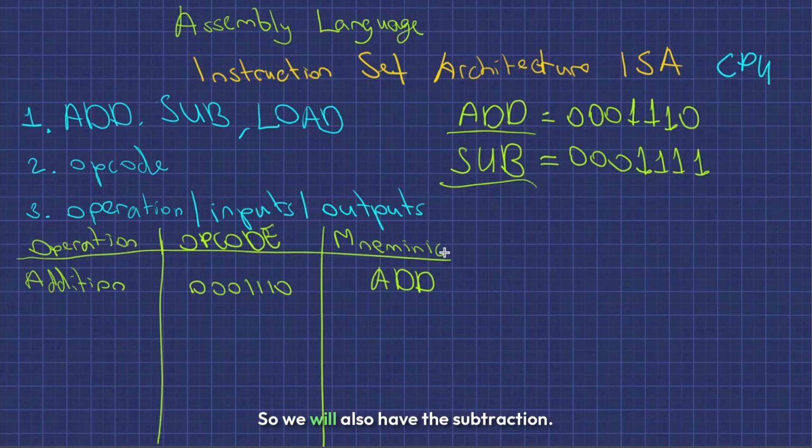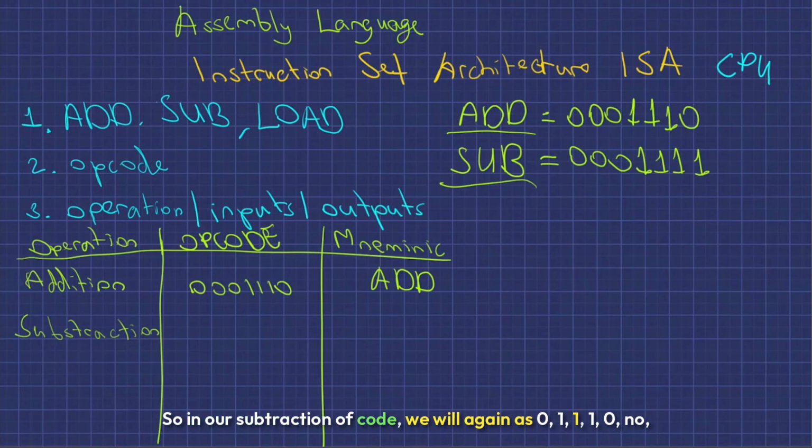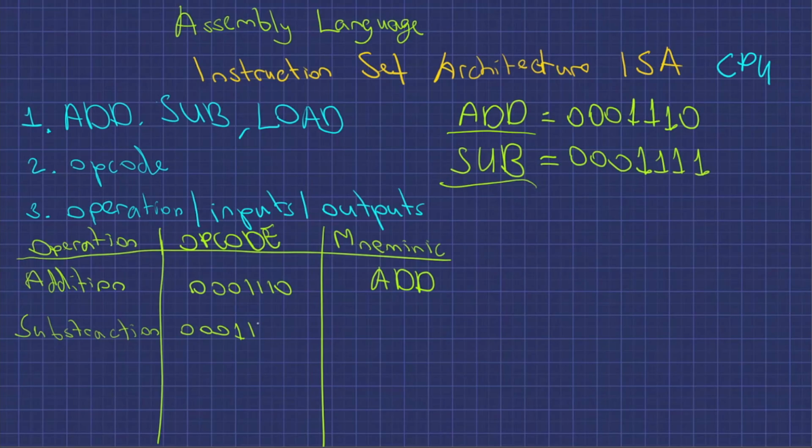We will also have subtraction. So in our subtraction opcode, we have 0 0 0 1 1 1 1, and this is sub.